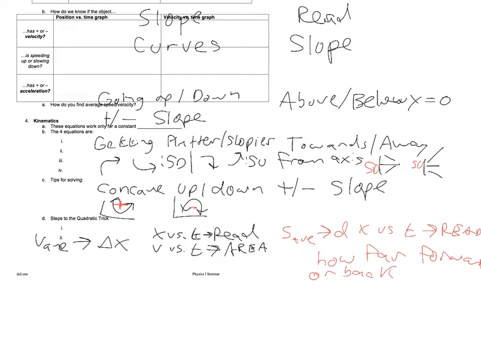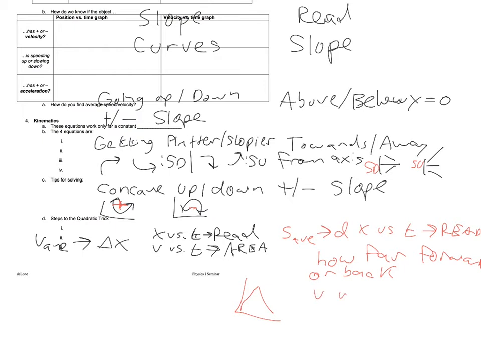So I'm running out of space here, but if our position graph goes like that and then like that, we want to think about how far forward we go here and then how far back, and add up those distances, because keep in mind with distance, those negatives don't matter. The fact that this portion is negative does not matter.